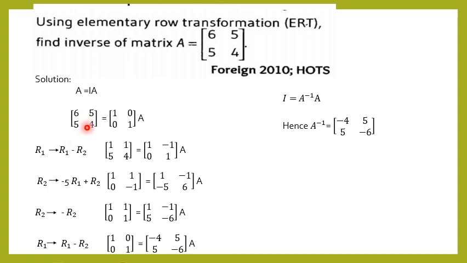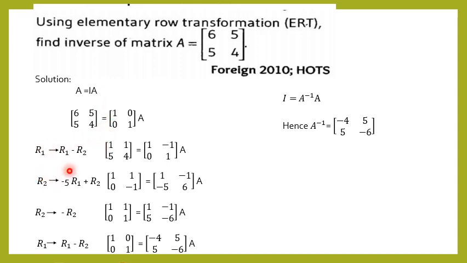Then the next task is to convert the second element in the second row to 1. Then using the same procedure, we convert the other elements to 0. If it is a 3 by 3 matrix, the third element in the third row should be 1, and all other elements should be 0.